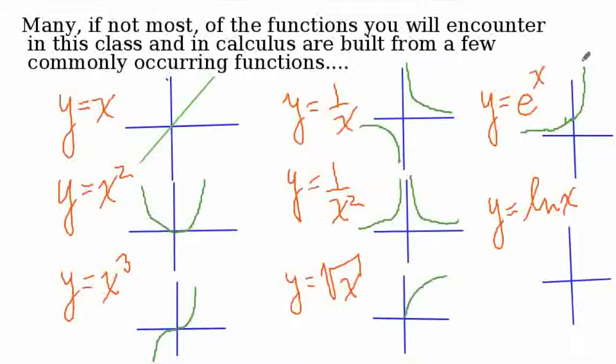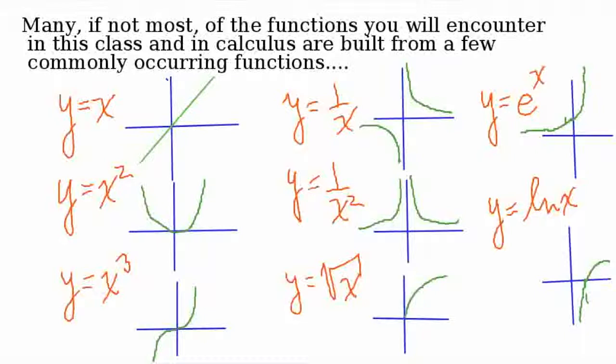Okay? And then the natural log, if you remember that the natural log of 1 is 0, that's how you could remember it goes through 1. And that has a limited domain. You can't take the log of a negative number. And all that is to say that the graph looks something like this. Okay?